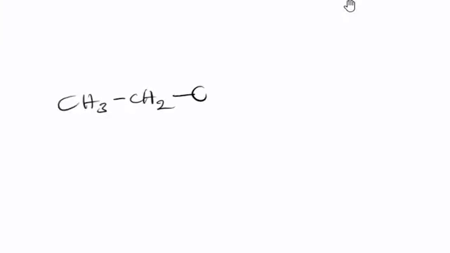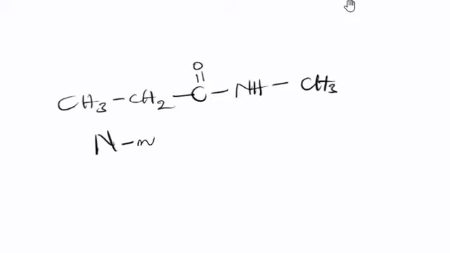So for instance, if I have CH3, CH2, CONH, CH3. So I can name this as N-methylpropanamide.